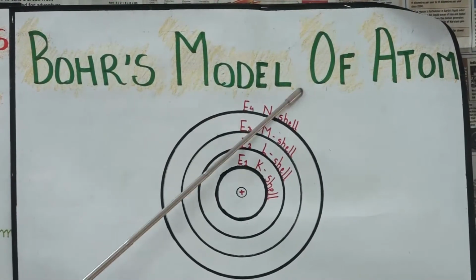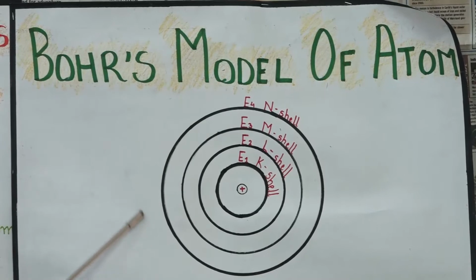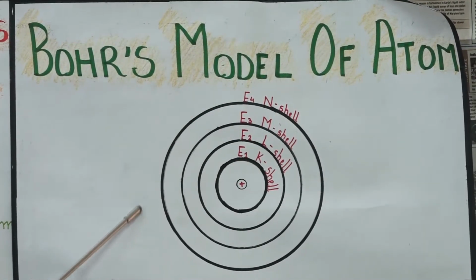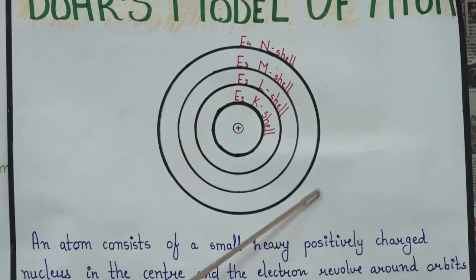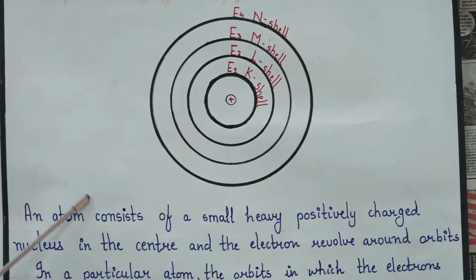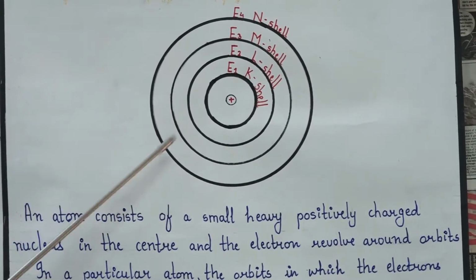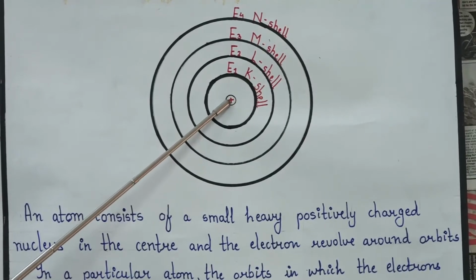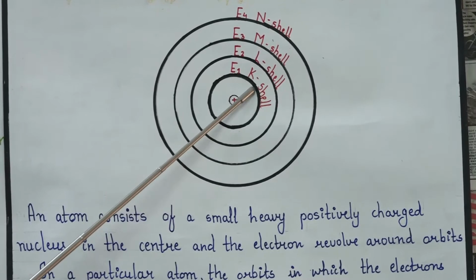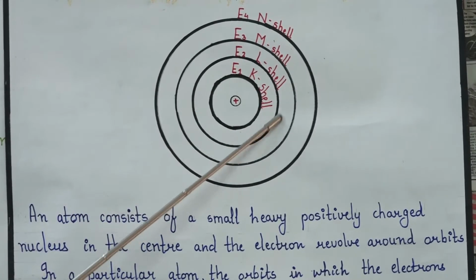Bohr's model of atom. To explain the stability of atom, Niels Bohr, a Dutch scientist, presented his model of atom. The main points of his model of atom are: an atom consists of a small, heavy, positively charged nucleus in the center, and the electrons revolve around it in circular paths and orbits.